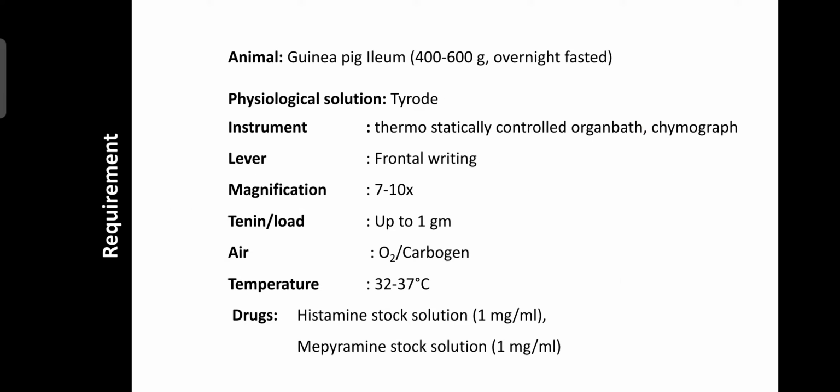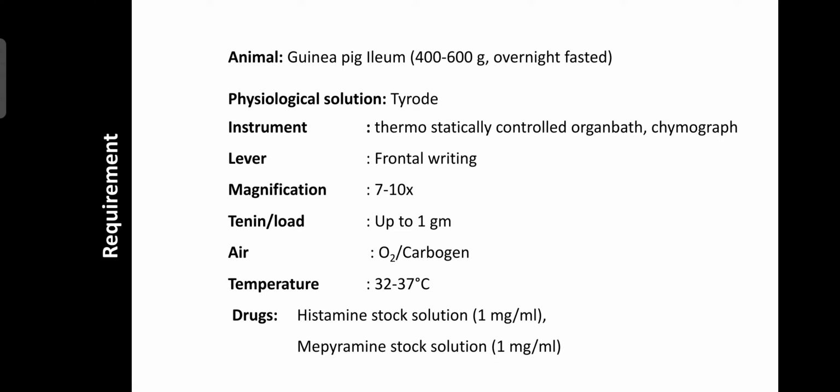So regarding the requirements, animal: Guinea Pig ileum is used, from which the ileum can be isolated. Physiological salt solution, Tyrode solution is used. Instruments: a student organ bath, kymograph, then frontal writing lever. Magnification should be about 7 to 10x.